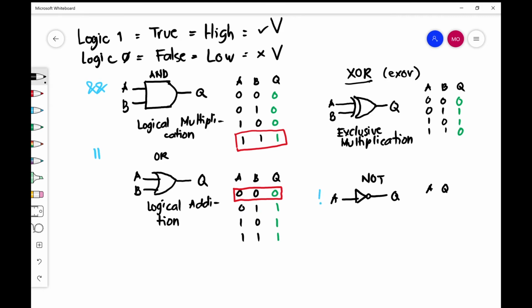Its operation says that if the input is 0, the output is 1. If 1, you get 0. Sometimes it's called the complementation. Therefore, its operation is actually one's complement or complementation.